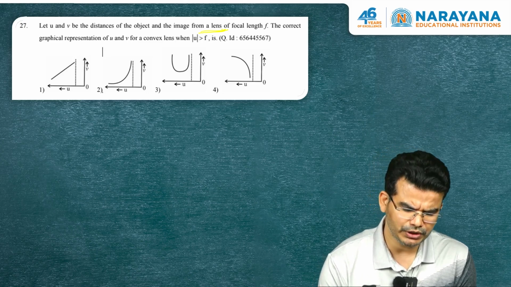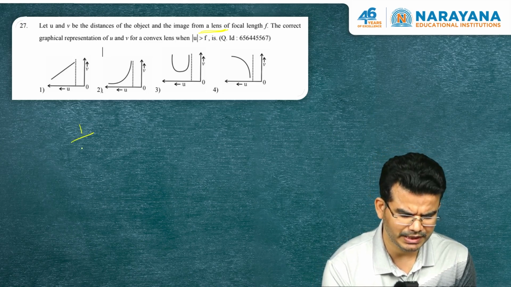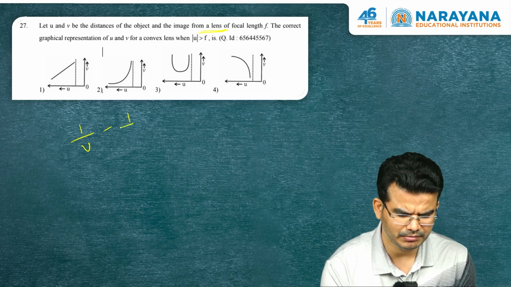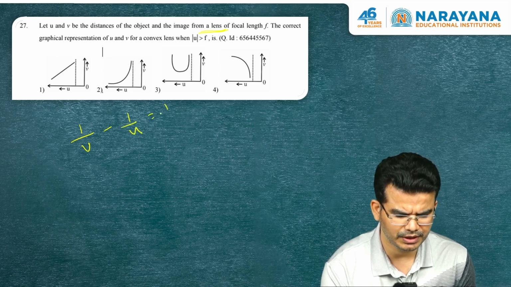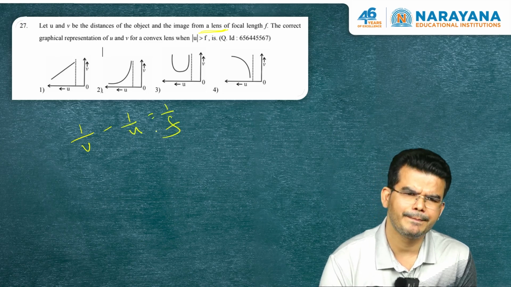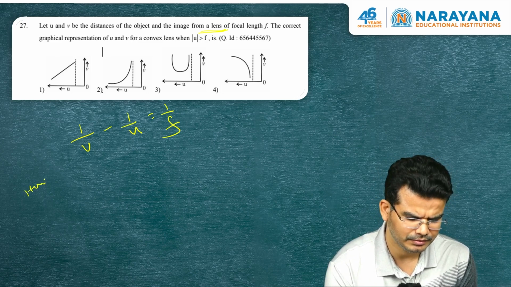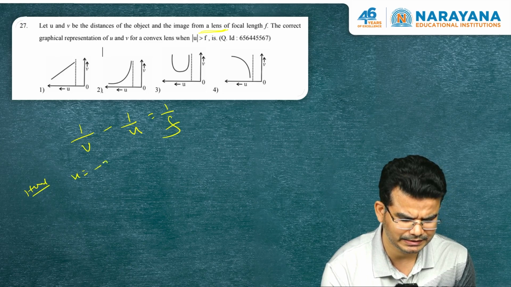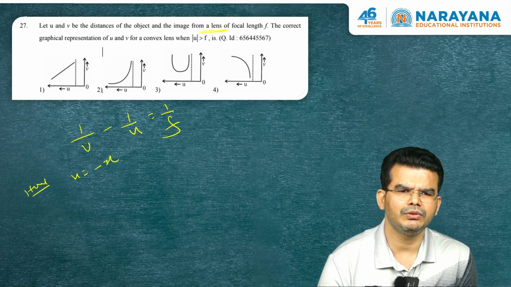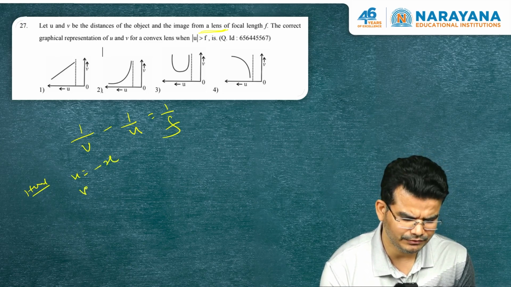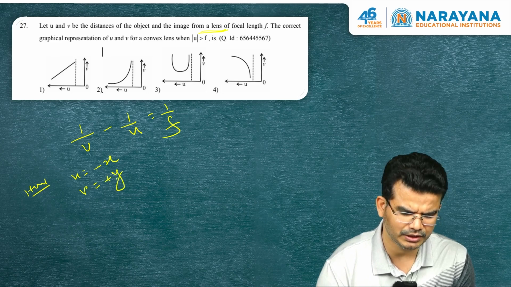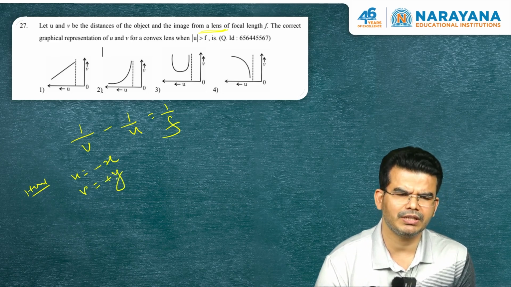We know the lens formula: 1/v minus 1/u equals 1/f. For the real scenario, let us say u equals minus x, and v will be plus y, because we are talking about a real image.